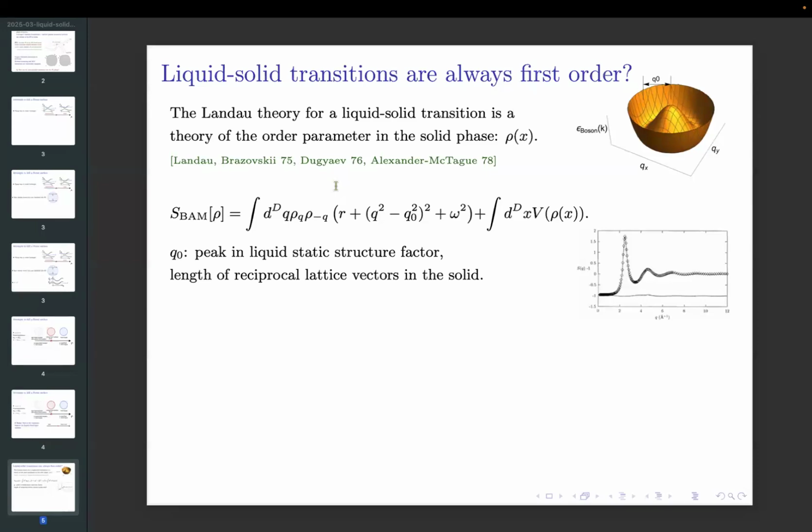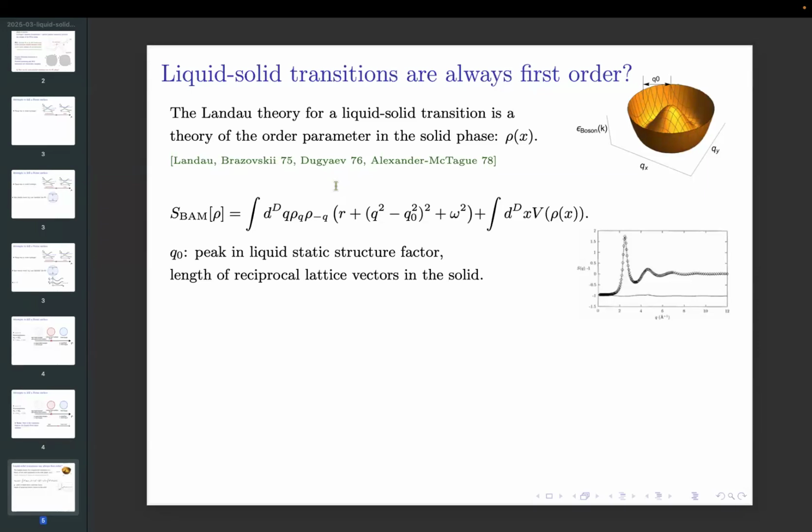It's just the propagator for the boson. The fact that this has a minimum at Q naught says that the structure factor has a peak at Q naught. And I'd like to emphasize that the ring of minima depends on the system being isotropic. I'm assuming rotation invariance and ignoring any underlying lattice.